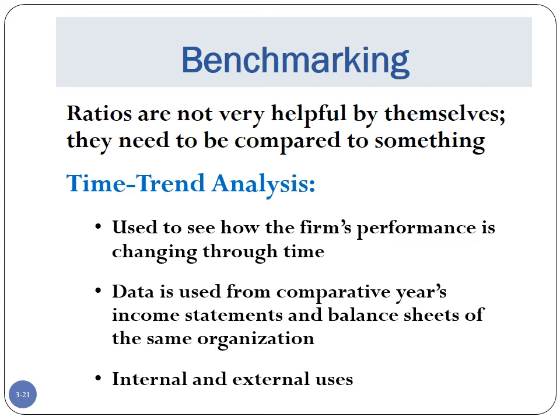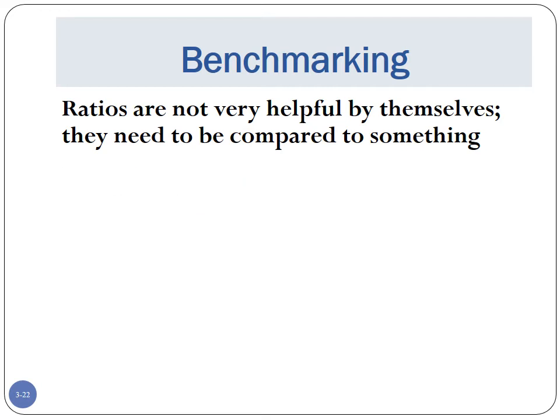The goal here is to understand the long-term performance of an organization in terms of the critical success factors that the organization has set for itself financially. So benchmarking is good because not only in time trend analysis are you comparing it to current, but you're looking at the past and seeing the trends.